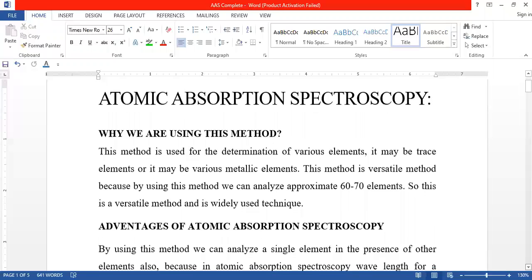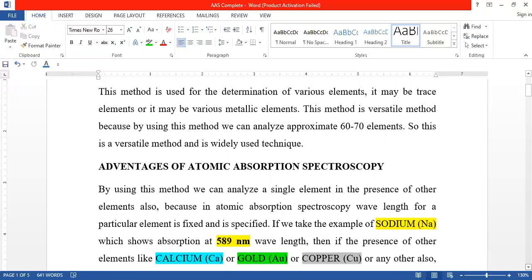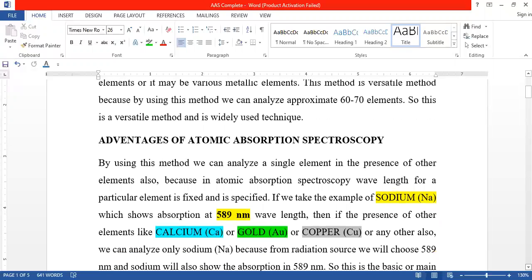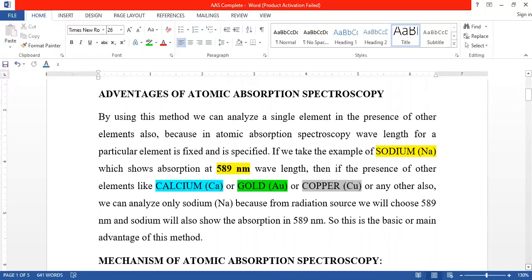Next, we will discuss the advantages of atomic absorption spectroscopy. By using this method, we can analyze a single element in the presence of other elements also, because in atomic absorption spectroscopy, the wavelength for a particular element is fixed and specified.